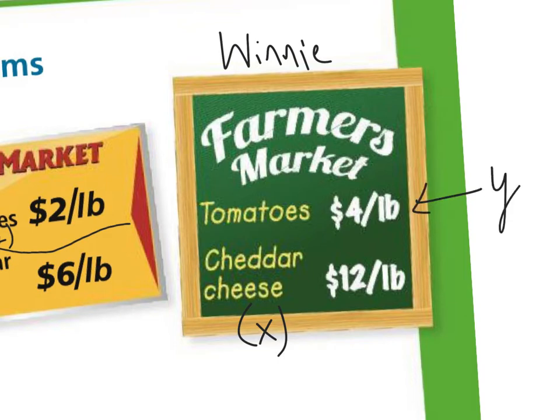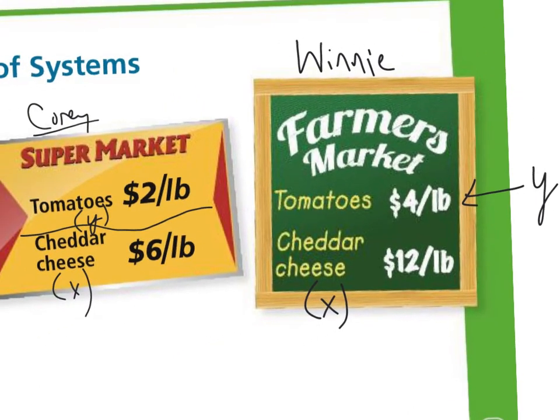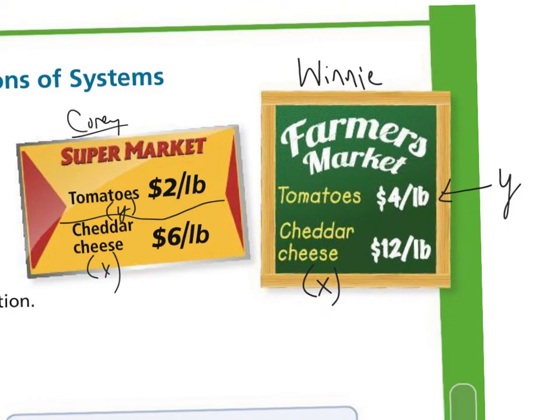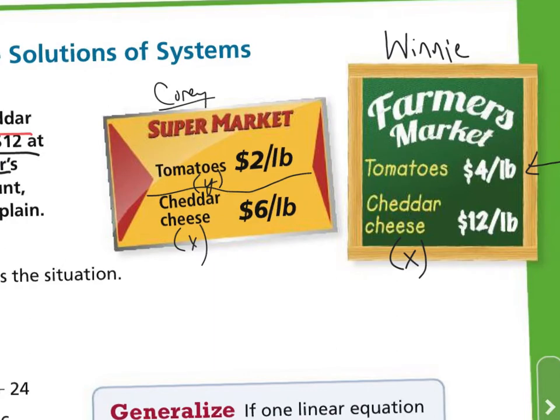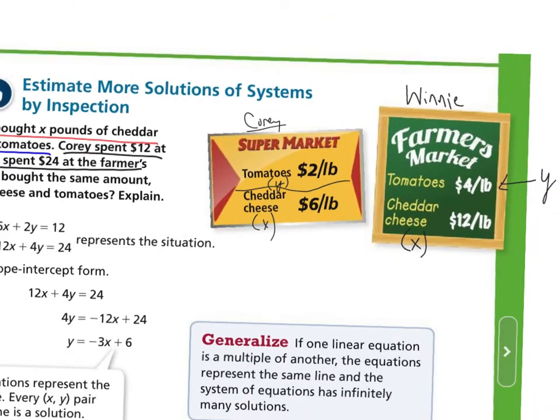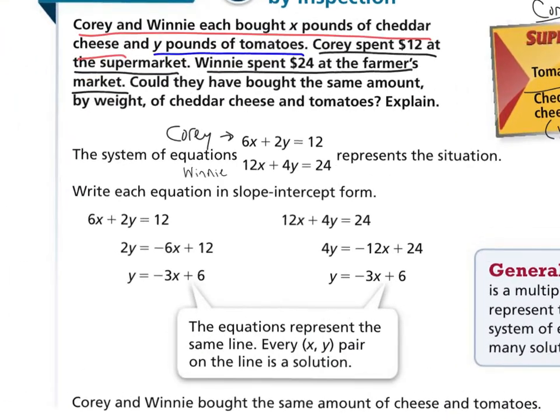And then tomatoes are $4 a pound. We bought y pounds, so that'd be 4y. And Winnie spent $24 altogether. So both things were more expensive at the farmer's market, but that's kind of a trade-off. Some people like that, and they get more fresh produce that way.